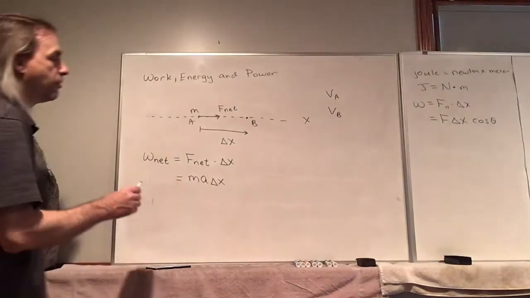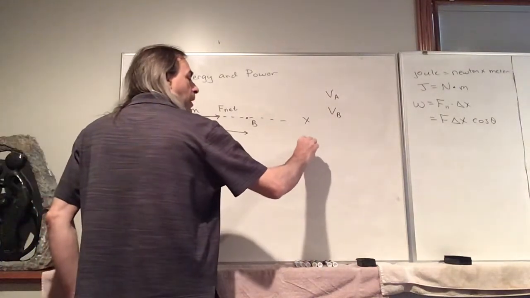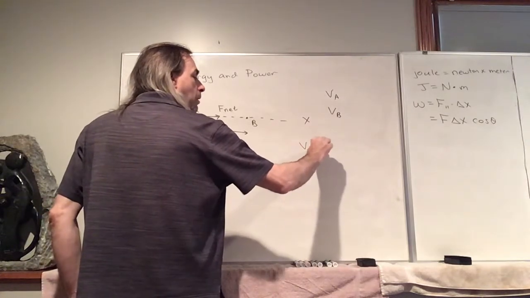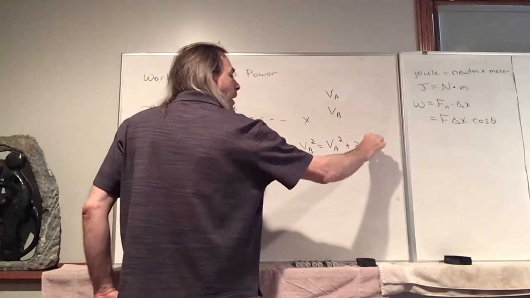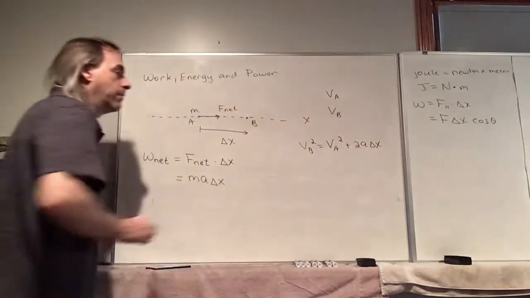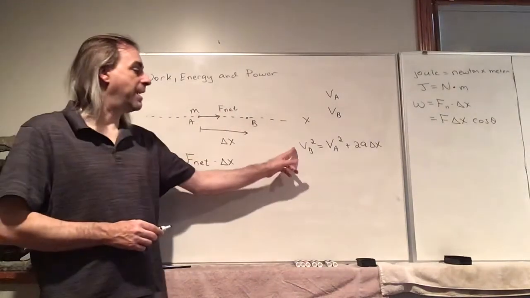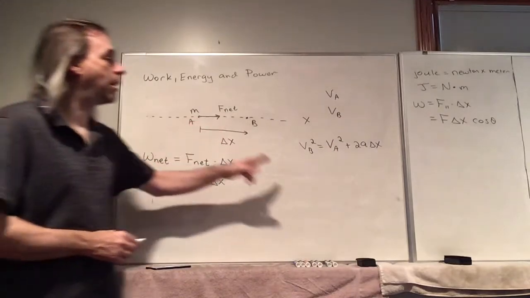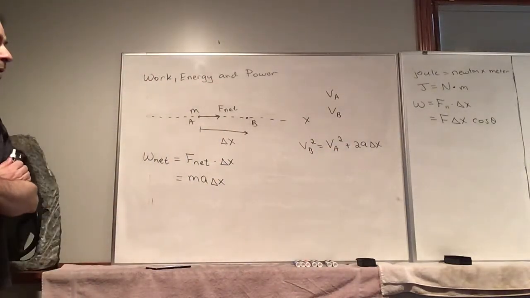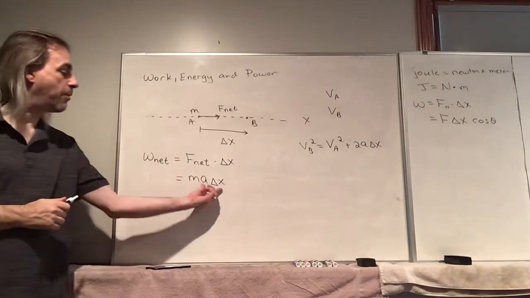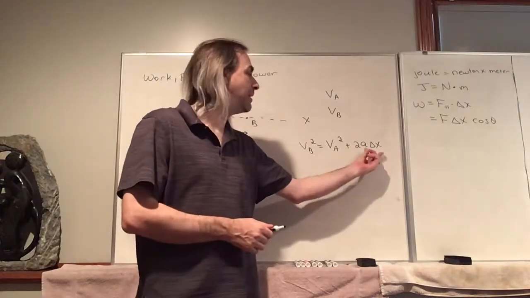Because we're considering constant forces, we know that the acceleration is constant. So if you go back to Chapter 2 Kinematics, in this case we can say VB squared equals VA squared plus 2A delta x. Our displacement is delta x. Remember, the velocity at the end squared would be the initial velocity squared plus 2A delta x. We can rearrange this. Here we have an A delta x, but it's not exactly by itself.